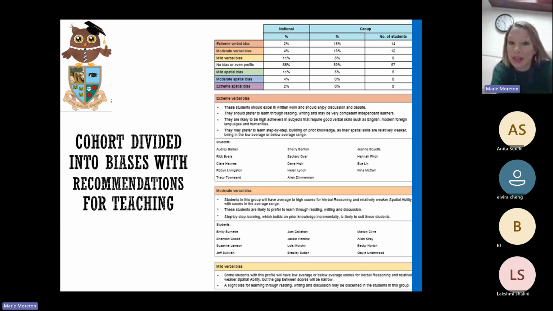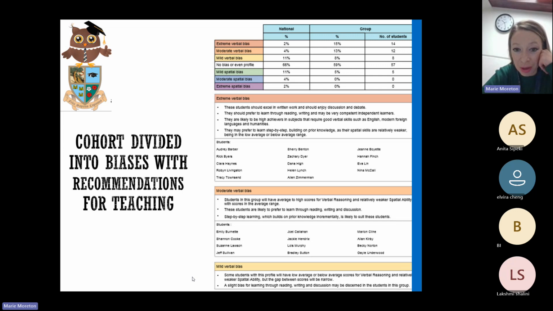They tend to prefer to learn through reading, writing. They might be very independent. They tend to enjoy subjects that require good verbal skills, such as English, languages, the humanities like history, for example. They might prefer to learn step by step based on prior knowledge as well. So it actually gives you some ideas of what the learners will look like at that level if they have an extreme bias for verbal ability.